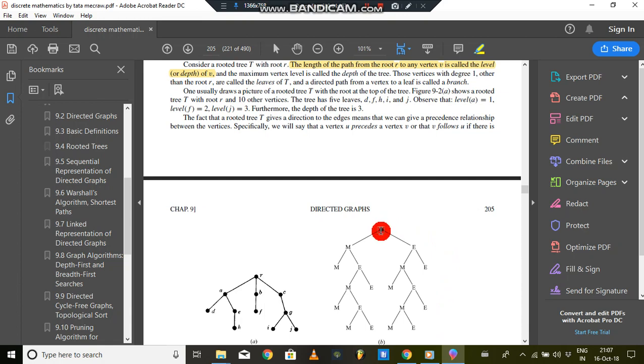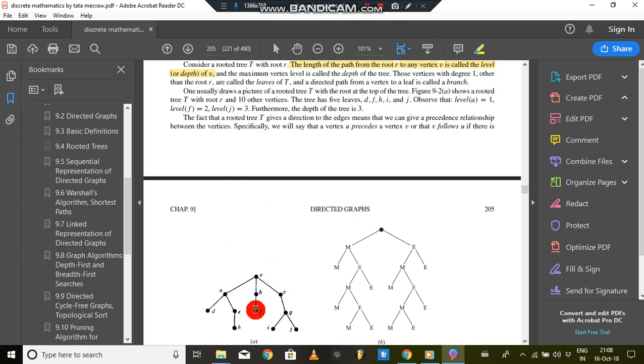This is the root, so this is 0, this is 1, this is 2, 3, 4, 5, 6 and 7.